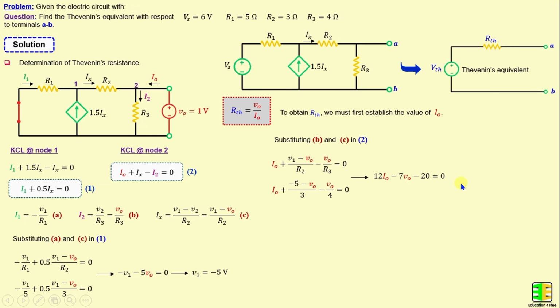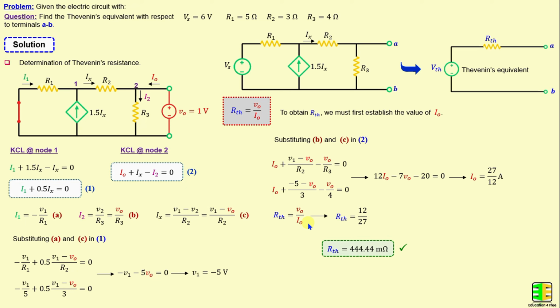And if we replace VO with its numerical value, we obtain IO is equal to 27 over 12 amps. Now RTH is equal to VO over IO. And if we replace VO and IO with their numerical values, we obtain RTH is equal to 444.44 milliohms.